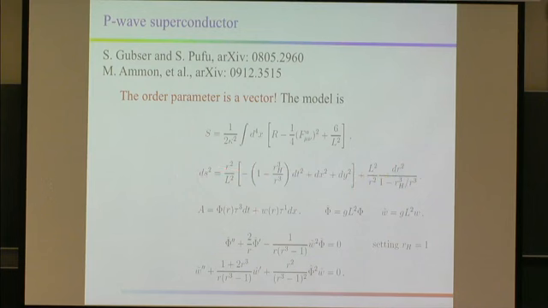Working in the probe limit, it means the back reaction of the matter sector is neglected. In this case, you have the AdS Schwarzschild black hole solution. Here r_h is the horizon of the black hole. Then make the ansatz in this way. Choose one subgroup of the SU(2), for example, as the Maxwell fields. Then consider another subgroup here.